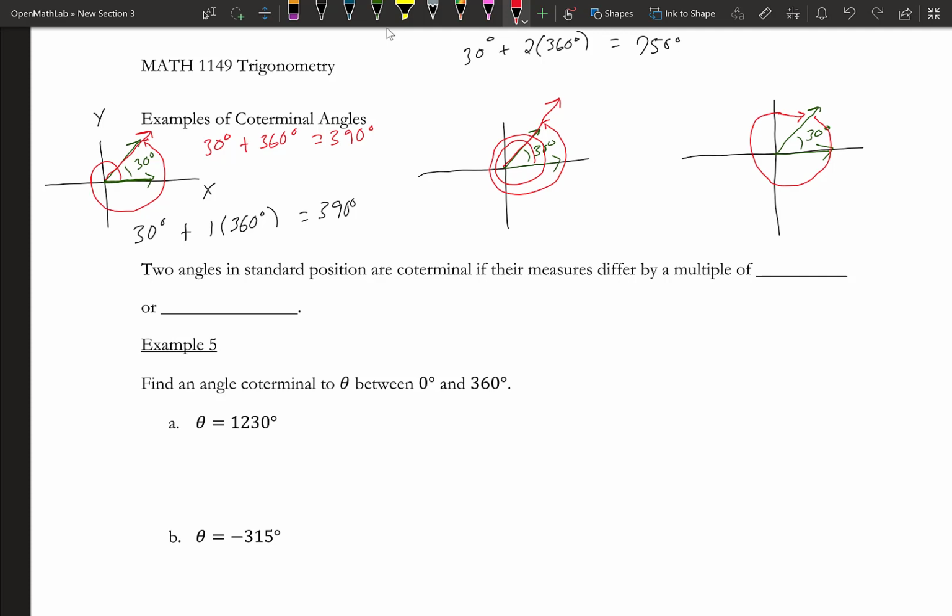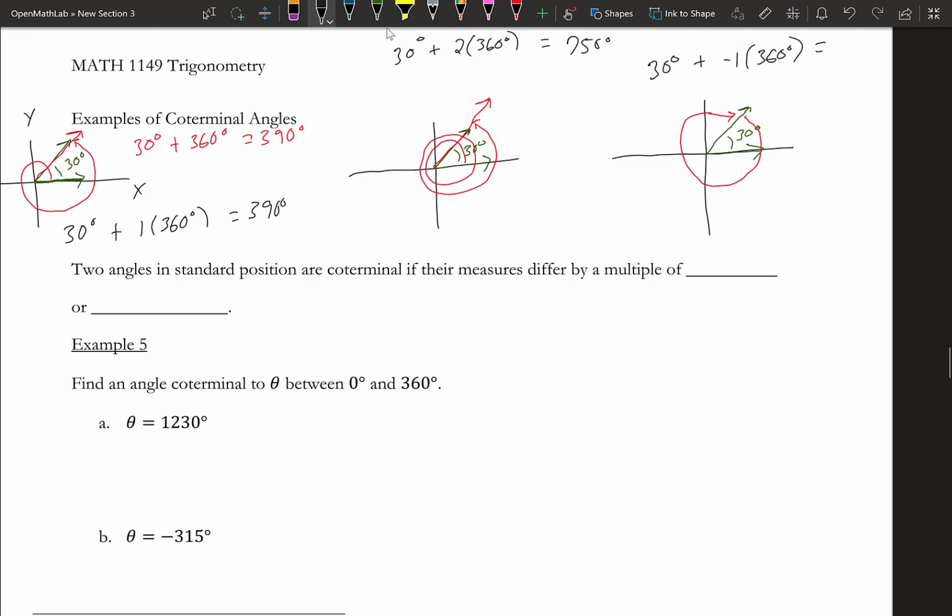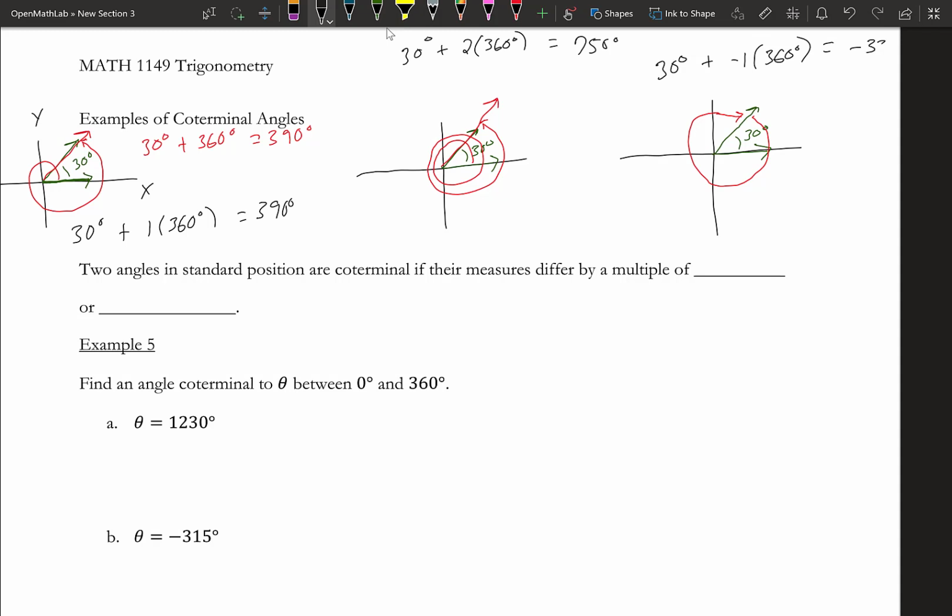So in other words, I went negative 360 degrees. So that would be 30 degrees plus negative 1 times 360 degrees. So that puts me at negative 330 degrees. So 30 degrees and negative 330 degrees would be coterminal.